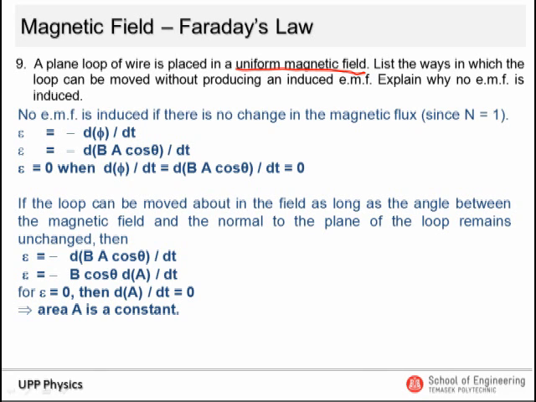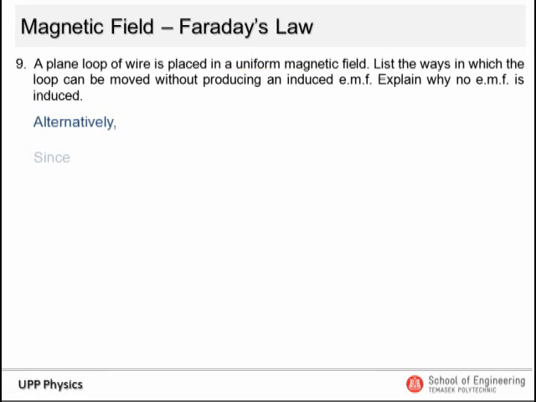Let us look at another way to move the loop such that no induced EMF is produced. Now recall, induced EMF is equal to the negative of the magnetic field multiplied by the differentiation of A cosine theta. Magnetic field B is taken out of the differential operator because B is uniform.